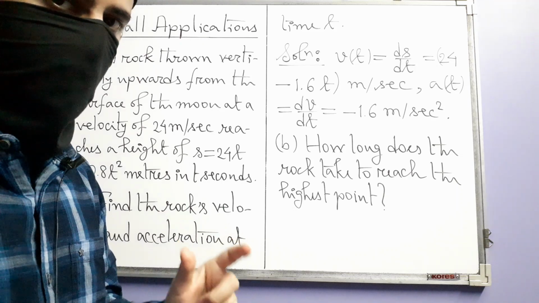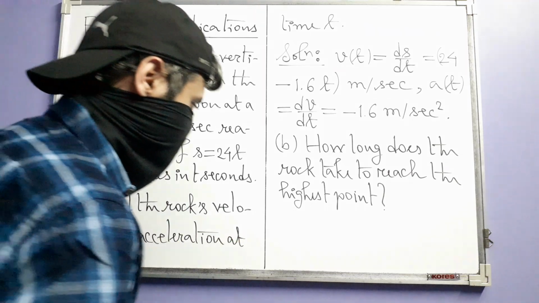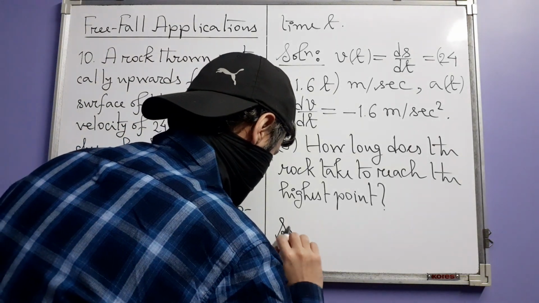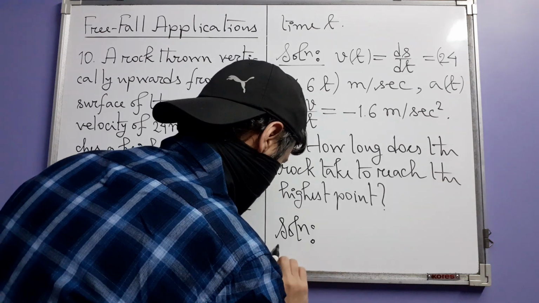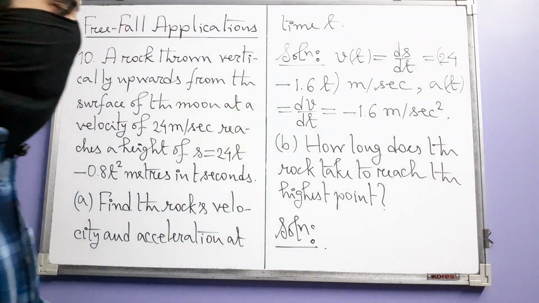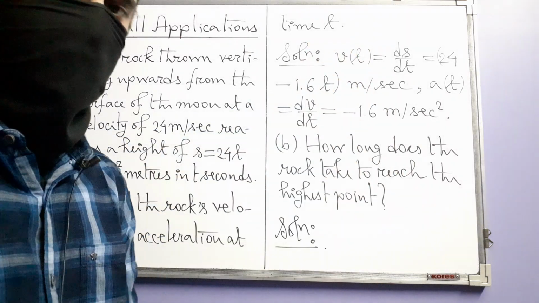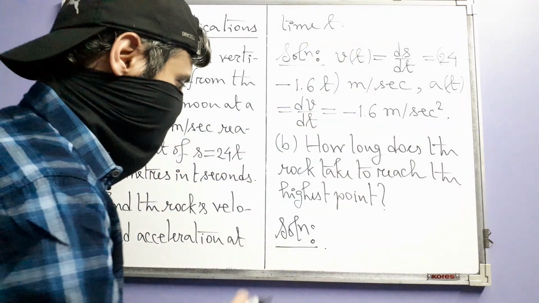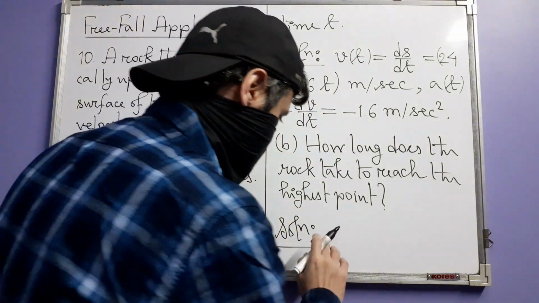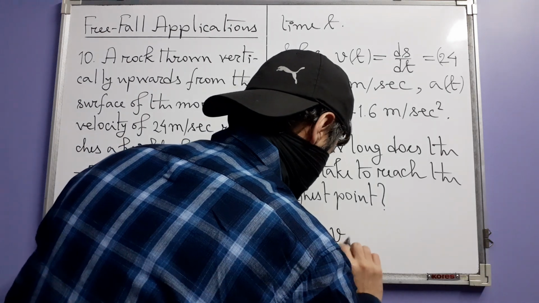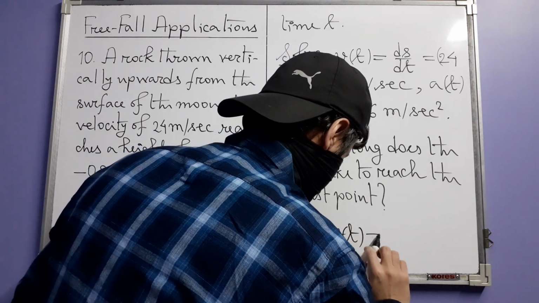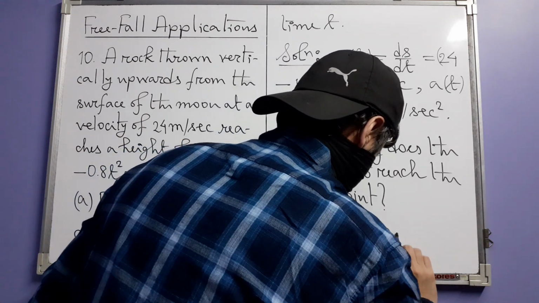At that point, the velocity is 0. So we want to find that time instant, and for that we have to see when the velocity becomes 0. So at the highest point, v of t will have to be equal to 0.